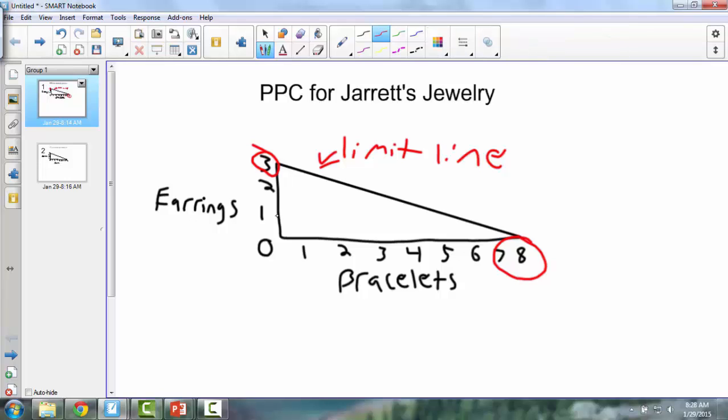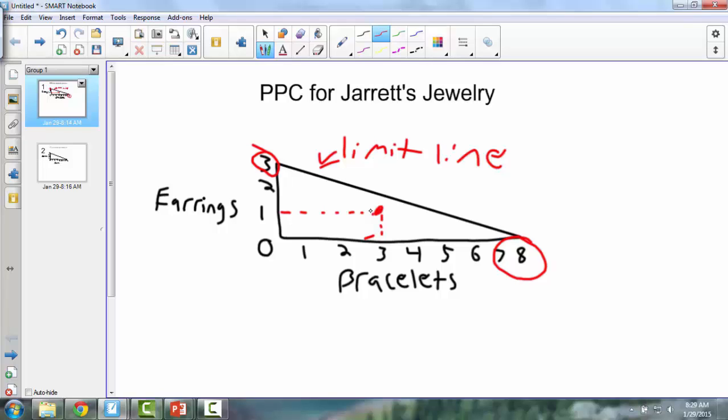Okay. So let's do an example like this. Let's say we're going to produce 1 earring, and we'll stop there, and 3 bracelets. What happened? I'm not touching the limit line. What does this represent? I want you guys to think about this. I'm purposely not touching the limit line. So what does it mean when my dot is inside of my PPC?